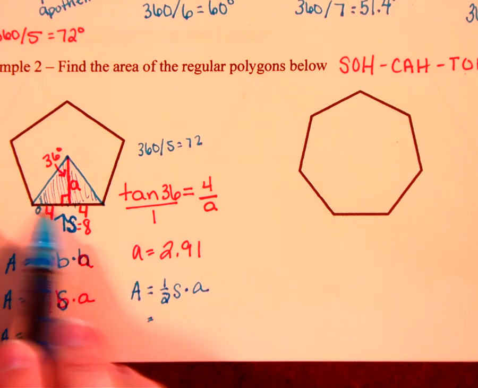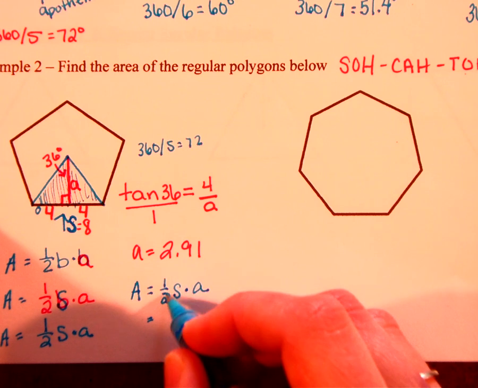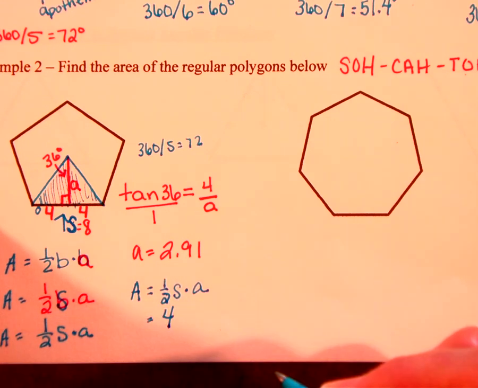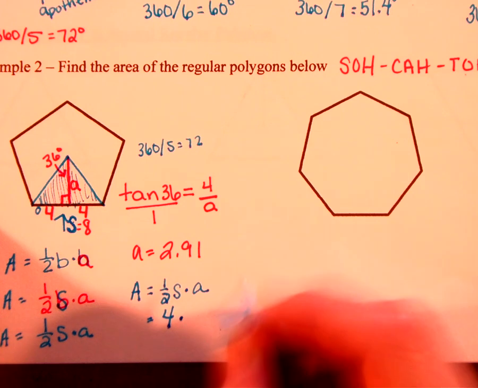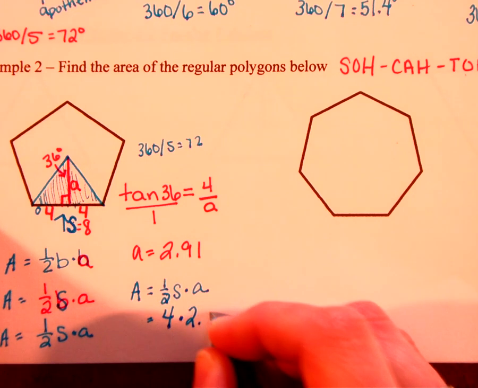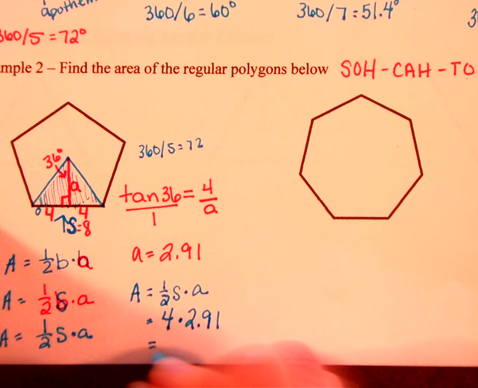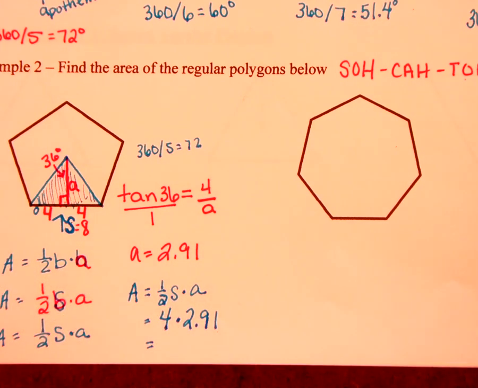My side length was 8, so can I just group these two together and say one half of my side length is 4? Yes. And then we multiply that times 2.91, which gives me 11.62.